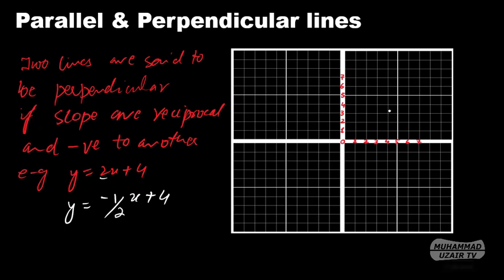To draw this, we take one point each, so this will be the equation of this one, and the second will be this.